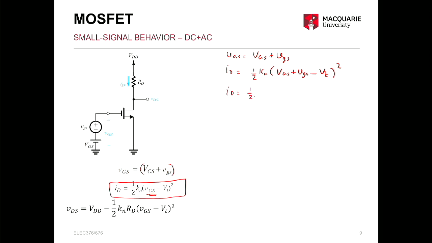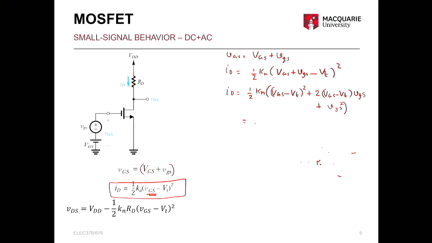ID is equal to half Kn (VGS minus VT) the whole square plus Kn times (VGS minus VT) times the AC part, plus half Kn times the small vgs the whole square.